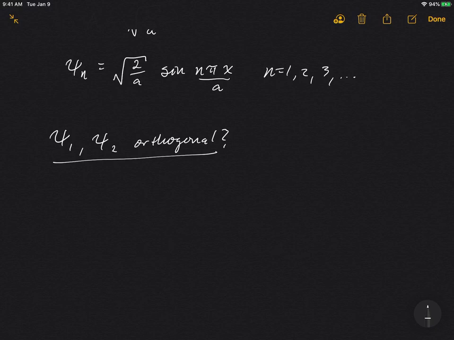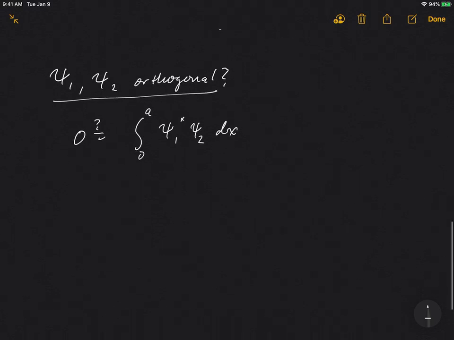So what we're trying to look at is, are they orthogonal? And you remember the orthogonality condition in this case, all space would be from 0 to a, and we expect this integral to vanish: the integral of psi 1 star, psi 2 dx.